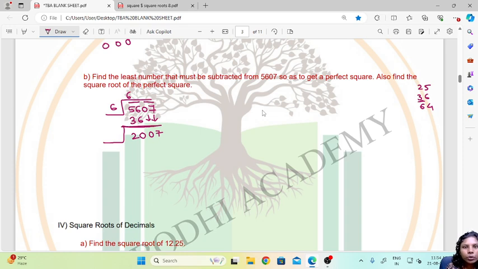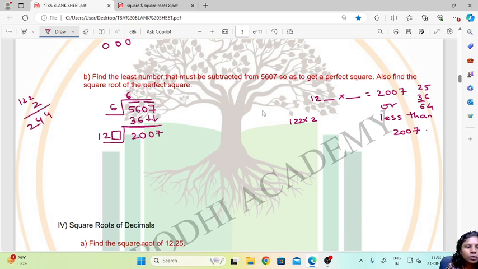So 6, if you double, it will be 12 here. Now we have to find this missing number. So 12 into what will give us 2007 or anything less than 2007. So 122 into 2. 2 2s are 4, 2 2s are 4 and 2.